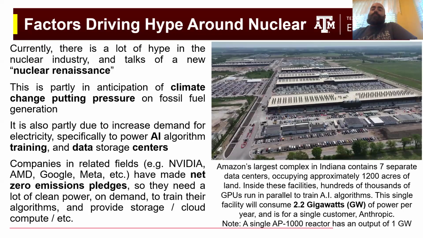As a result, they need clean power. They need power that can run these facilities 24 hours a day, 7 days a week, 365 days a year, with basically little to no stoppage time.